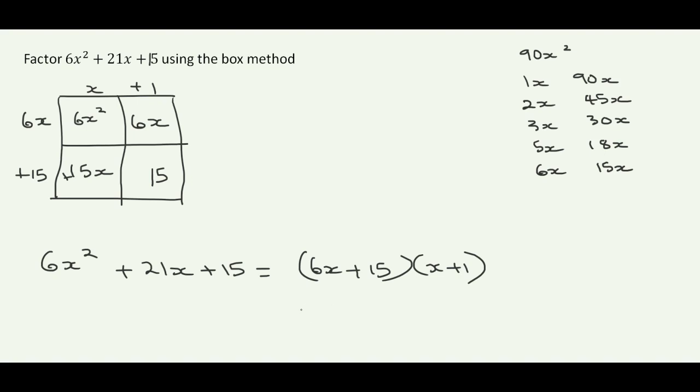And if you want to get creative, you could also factor 6x plus 15, and you have it as 3 times 2x plus 5, and then x plus 1. So both of these are exactly the same.